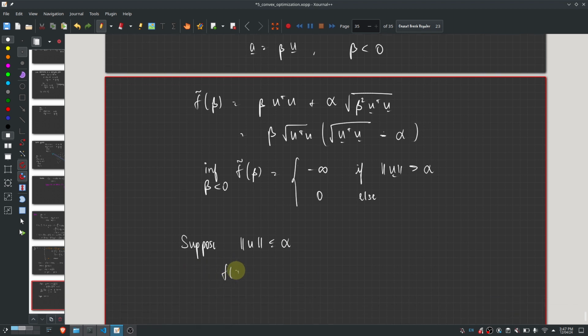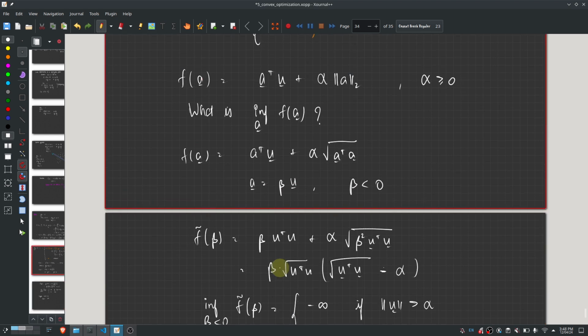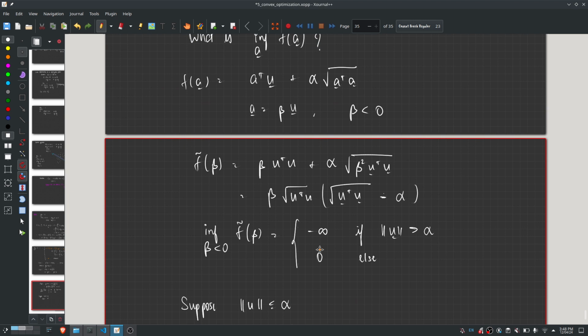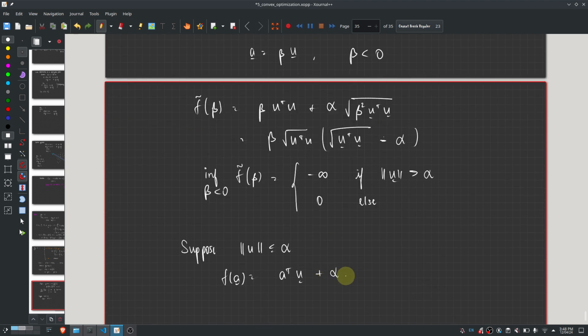f of a is equal to a transpose u plus alpha times two norm of a.